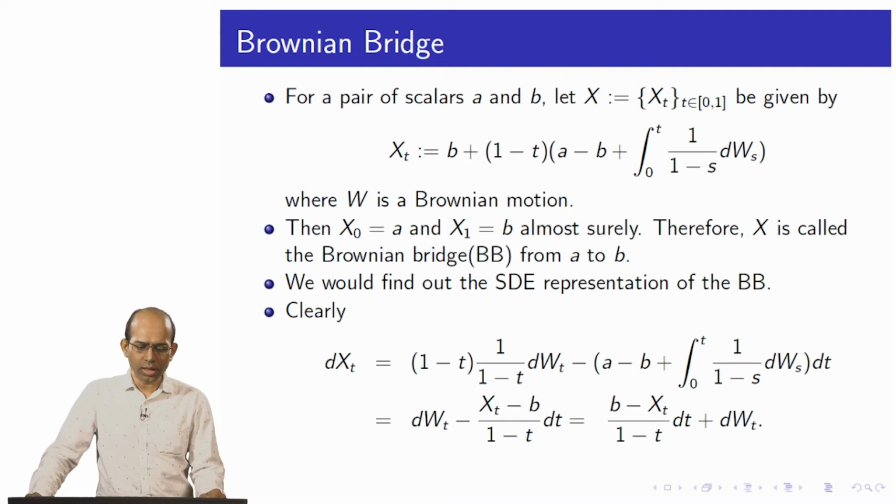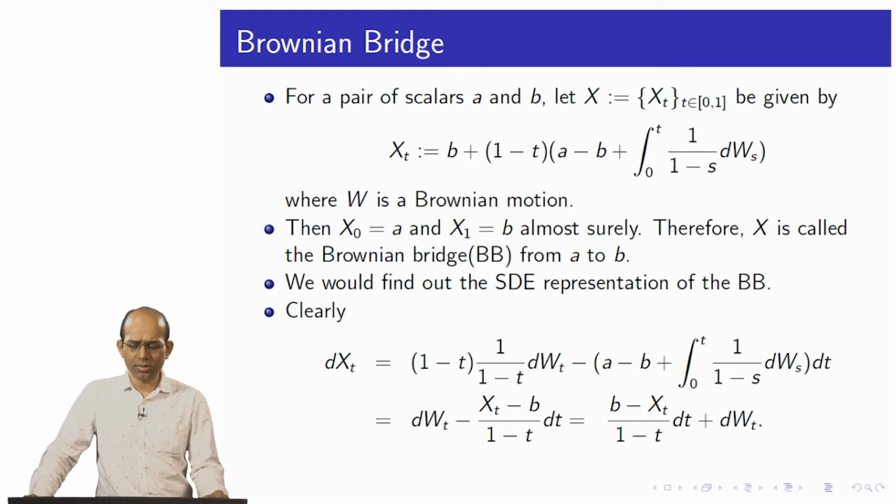So first we write 1 minus t times 1 over (1 minus t) dW t, and then minus the whole thing a minus b plus integration 0 to t of 1 over (1 minus s) dW s, times dt. Just taking differentials of both sides, I get this.